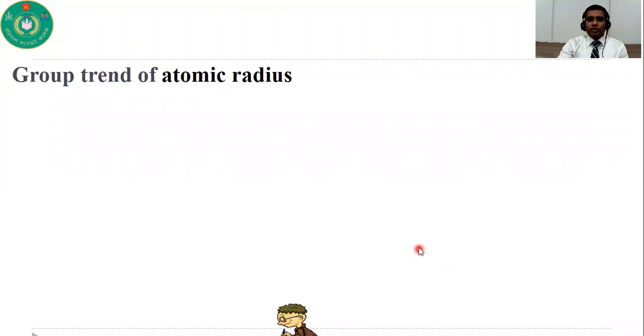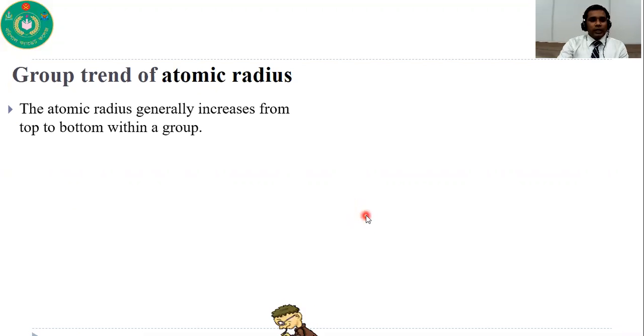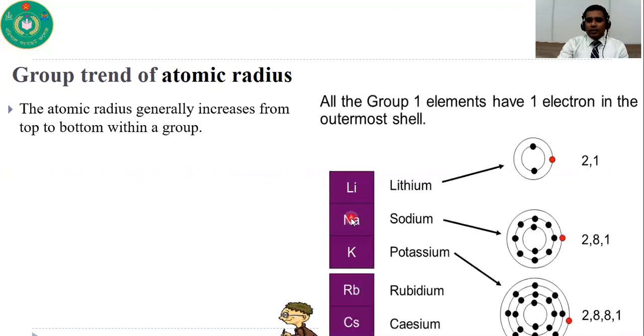Now, group trend of atomic radius. In a group, the atomic radius generally increases. You can see here, I set an example of group 1A. There are atoms lithium, sodium, potassium, rubidium and cesium.